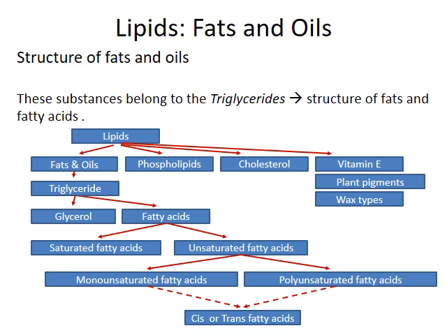Now, when we look at lipids and how lipids are composed of different kinds of molecules, we first see that lipids is an overall term for something that has fatty properties. And to the lipids, for example, are counted vitamins or plant pigments and wax types.